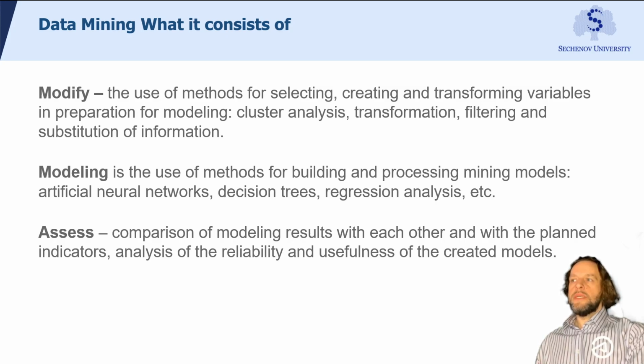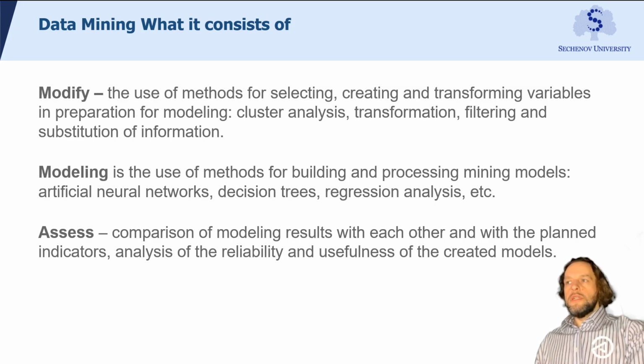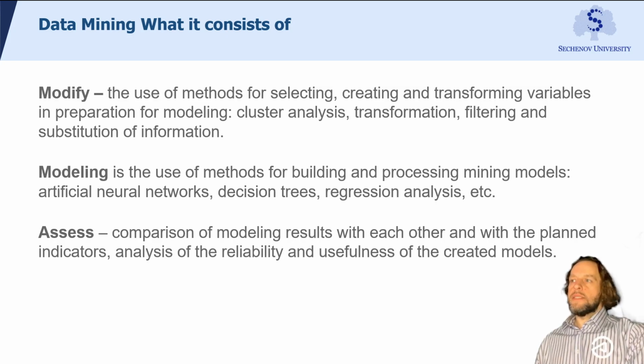It could be based on artificial neural networks, decision trees, regression analysis, and all other types. Of course, there could be more basic statistical methods of analysis. And after that, we are able to compare these models with each other and assess their results, so we will be able to choose the best algorithm to process this data.